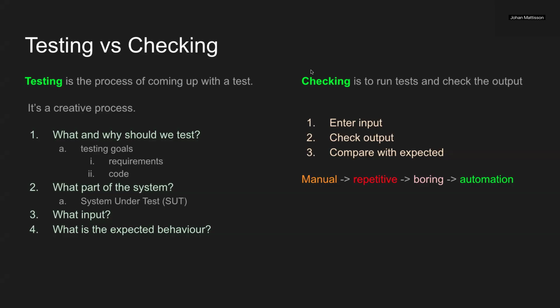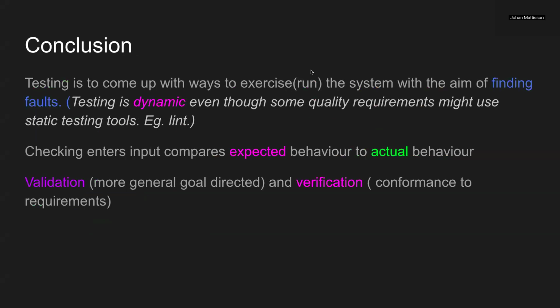So testing is more about figuring out how to do this kind of thing. Then we run the checking. Testing is figuring out how to do the test. Checking is the actual behavior that we do. Testing is to come up with ways to exercise, to run the system with the aim of finding faults.